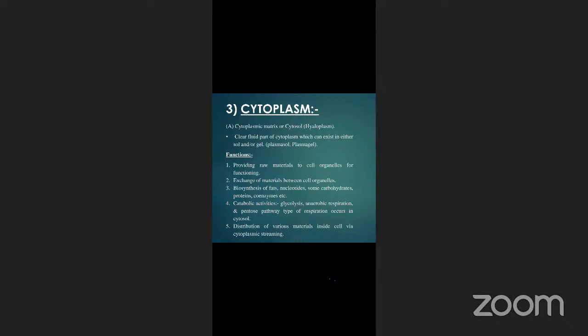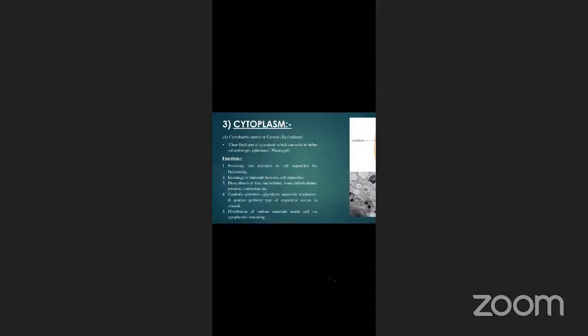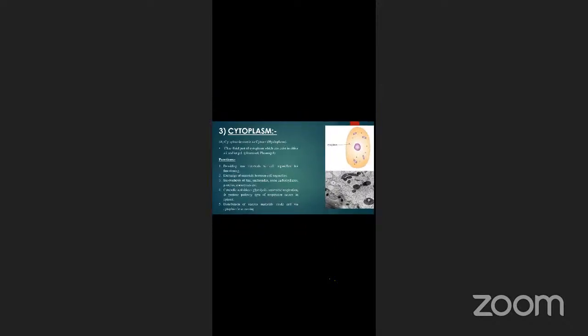In some primitive organisms, we can see glycolysis, anaerobic respiration, PPP, that is the pentose phosphate pathway, and other respiration, all of which occur in the cytosol, and distribution of various materials inside the cell via cytoplasmic streaming. So these are the various functions of the cytoplasm.